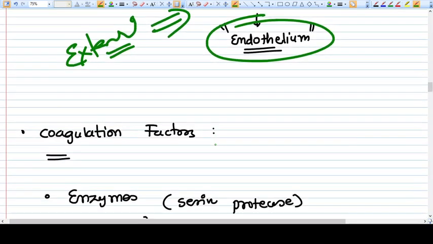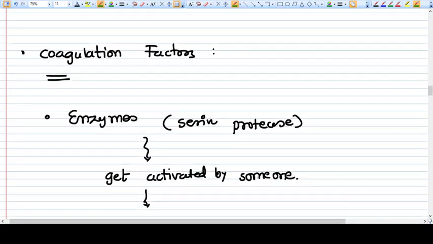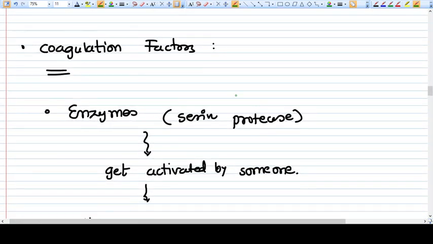Okay, now let's discuss coagulation factors. Whenever we discuss coagulation, we tend to forget which number is which coagulation factor. That creates so much confusion while we are talking about the pathways. So I am trying to make this video very easy. For example, what are these coagulation factors? They are basically enzymes, serine proteases.